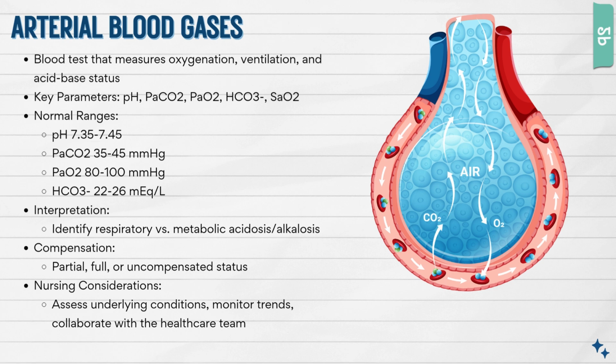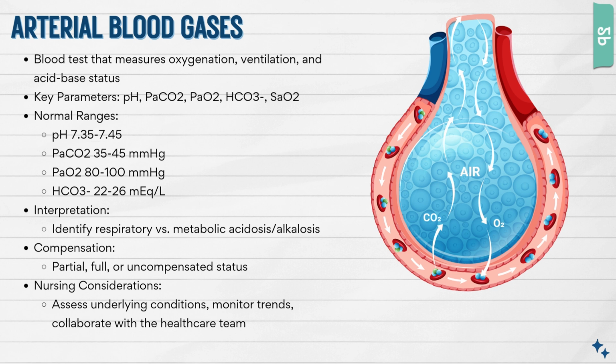So remember, the normal pH range for somebody is 7.35 to 7.45. Values below that, so less than 7.35, is acidosis. Values above it are alkalosis. Don't forget that. PCO2 range of 35 to 45. Primarily, that's a marker of respiratory function. Okay.